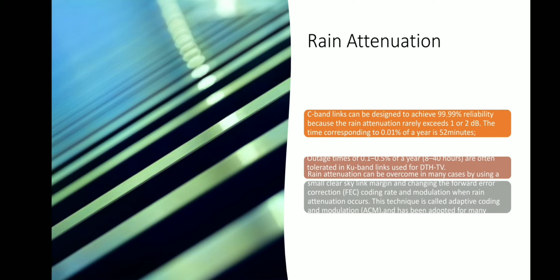So in a way, we are trying to do something so that the CNR remains above the permissible value. And this particular technique of increasing the forward error correction coding rate and the modulation is basically known as adaptive coding and modulation. It has been adopted in many of the satellites.